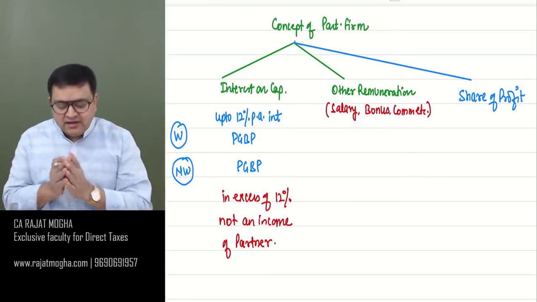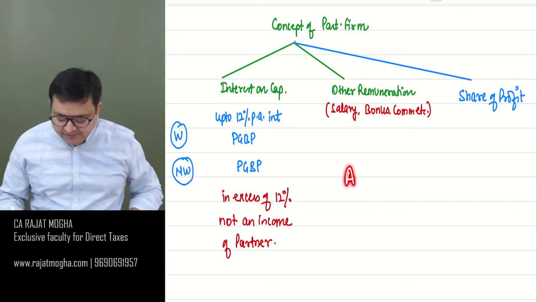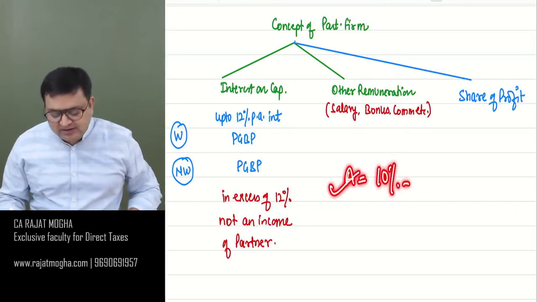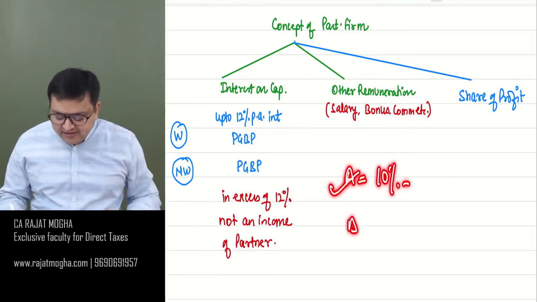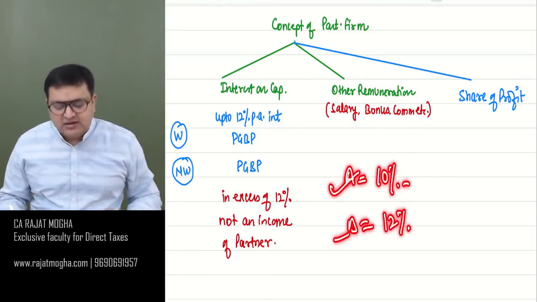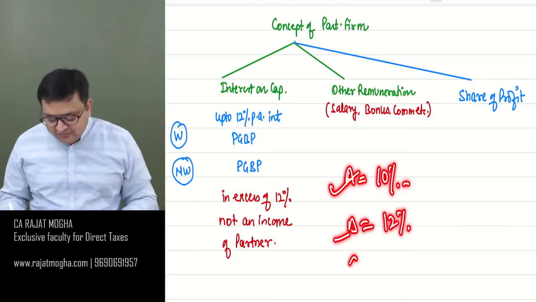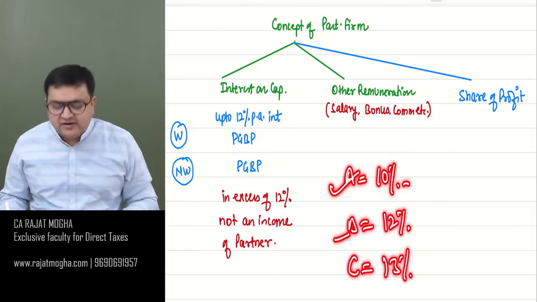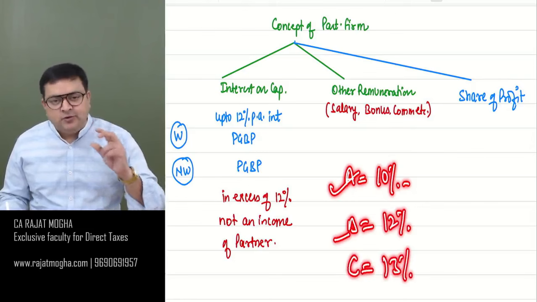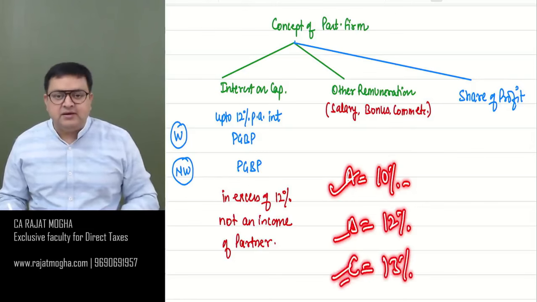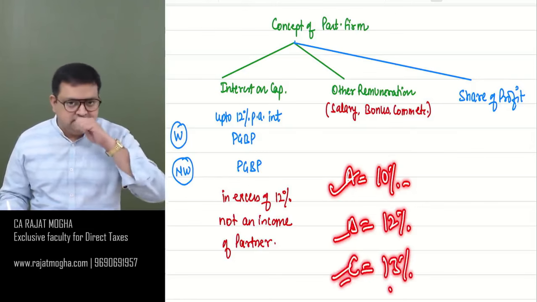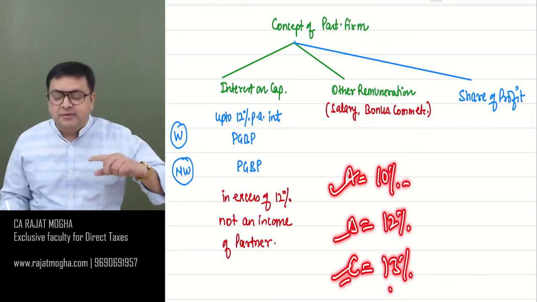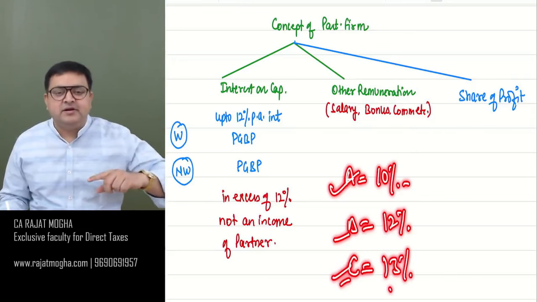If there is a partner A, he is getting 10% rate of interest, it can be his income. If B is getting 12% rate of interest, it can be his income. If C is getting 13% rate of interest, then up till 12% it is C's PGBP, but not entirely. 1% will not be his income.